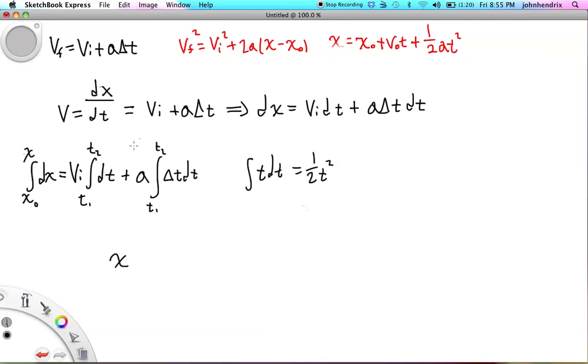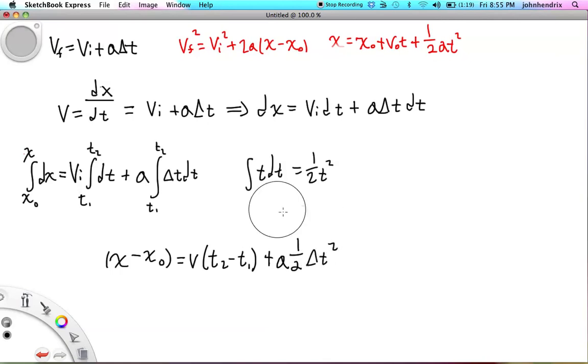Sorry about that. But yeah, so when we take this integral, we have x minus x naught is equal to v times (t2 minus t1) plus a times 1/2 delta t squared.